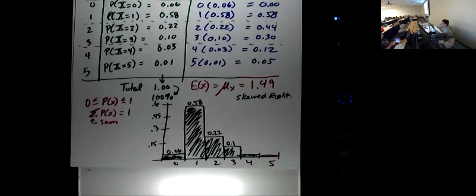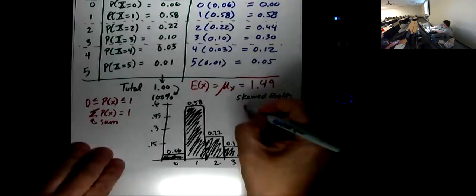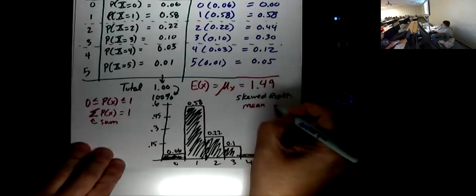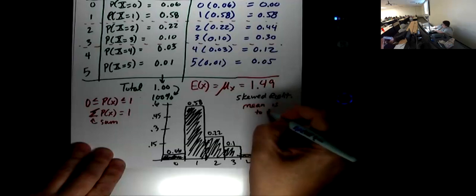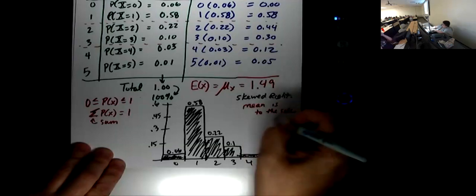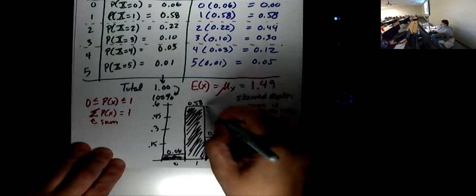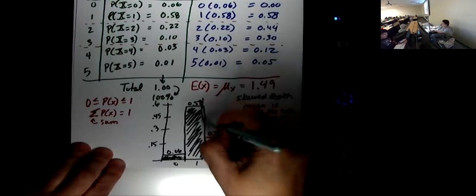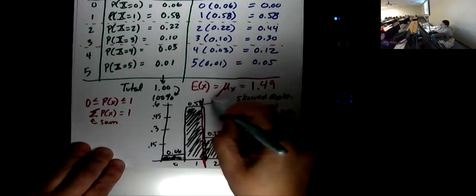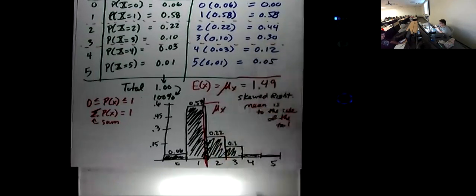And the mean is always to the side of the tail. So getting like a 1.49 is over here somewhere. So that's our mean. And it's not directly in the center of the hump, it's a little bit to the right of the center of the hump.